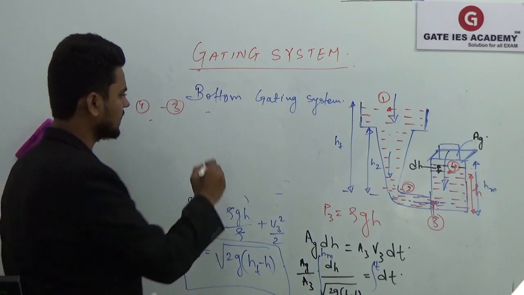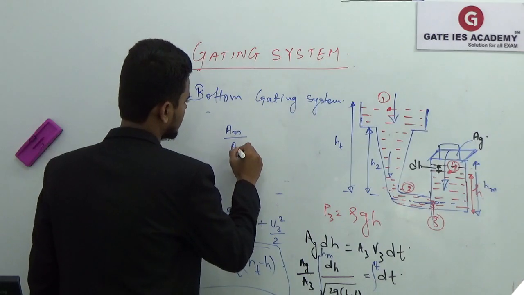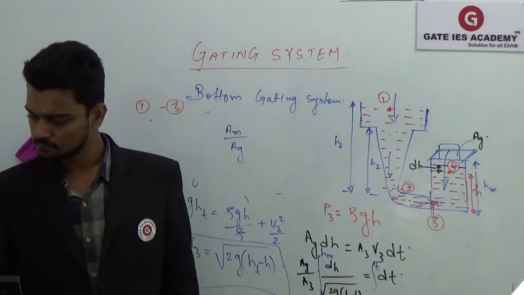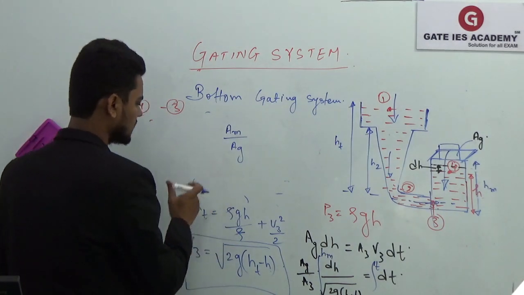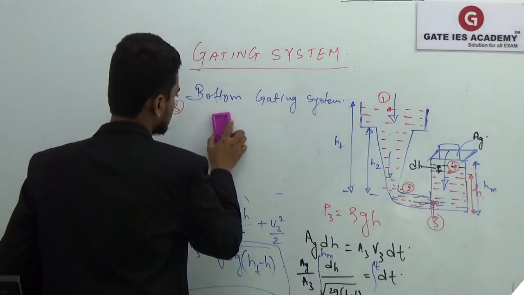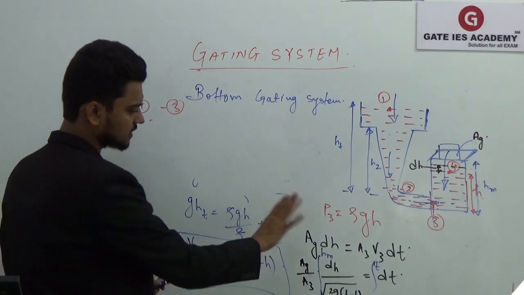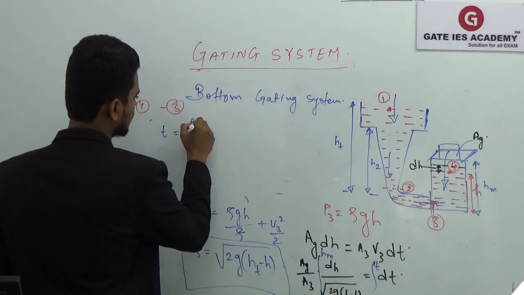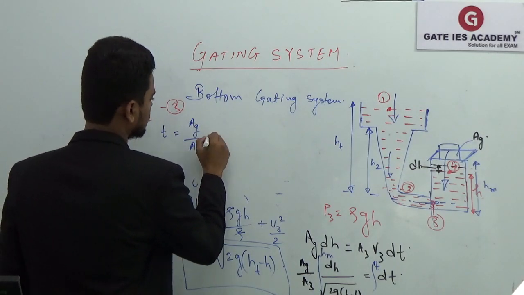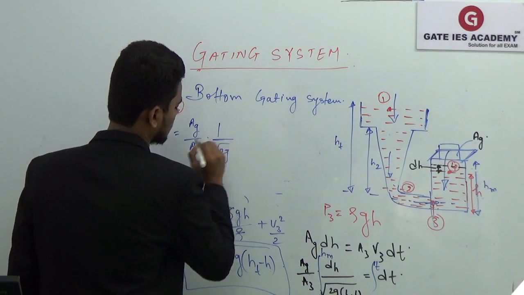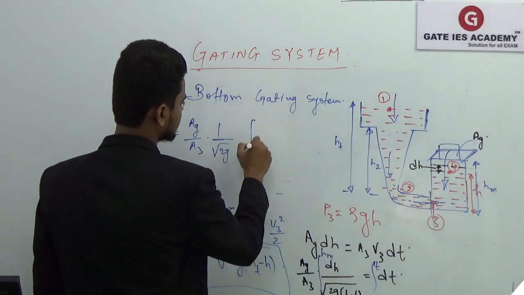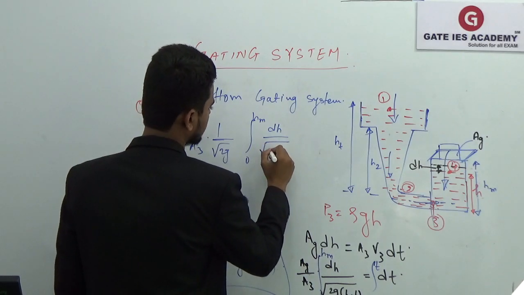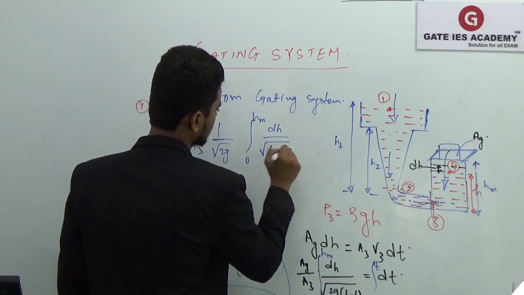We'll integrate that. Integration of dt will be t, which equals Ag by A3 into 1 by root over 2g, integration from 0 to hm of dh upon the square root of (h_t minus h).